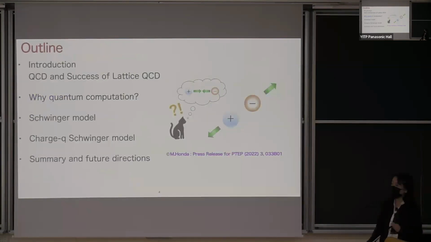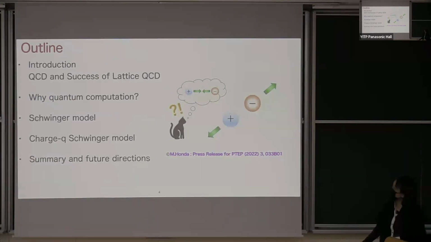This is the outline of my talk based on my research background. I will first introduce my research target, QCD, and briefly introduce several successes of Lattice QCD to date.